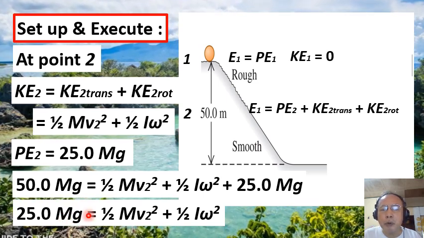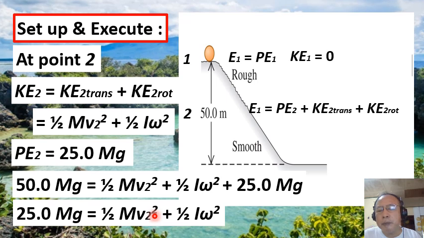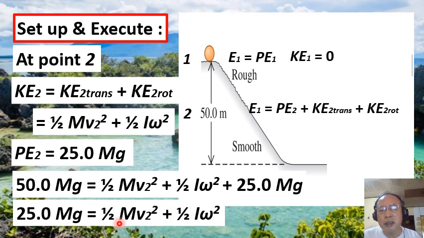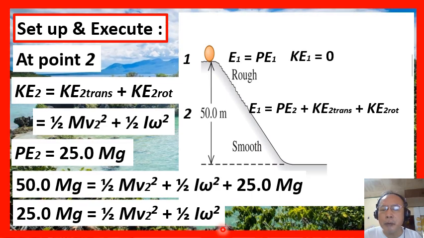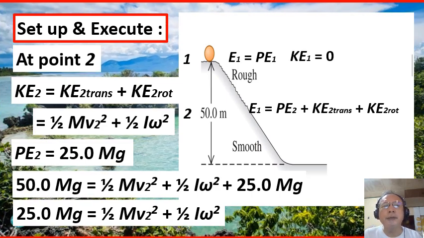And that is simply equal to the sum of the two kinetic energies, or 1 half capital M v sub 2 squared plus 1 half capital I omega squared.